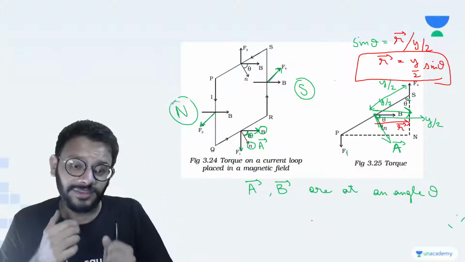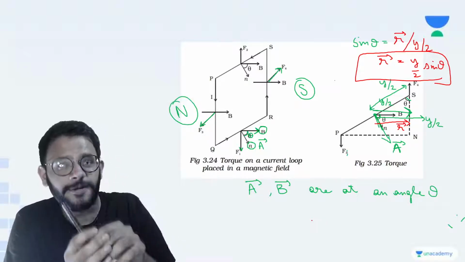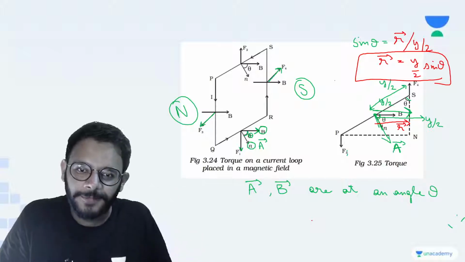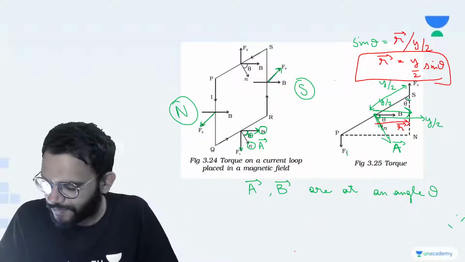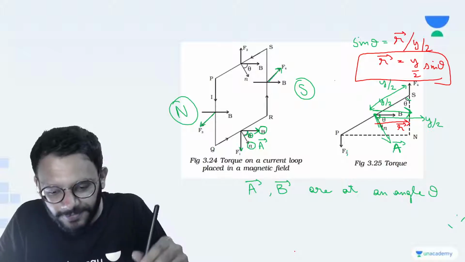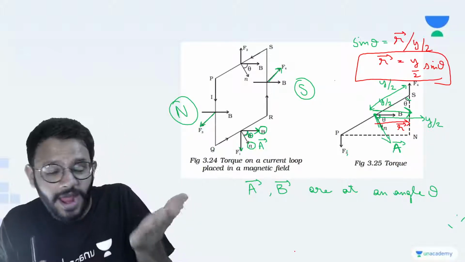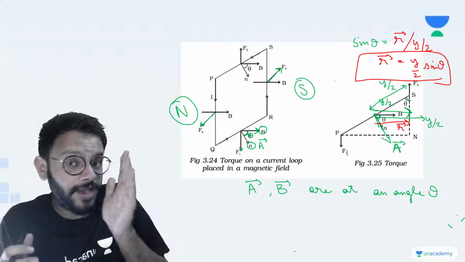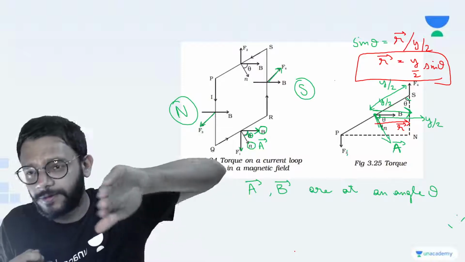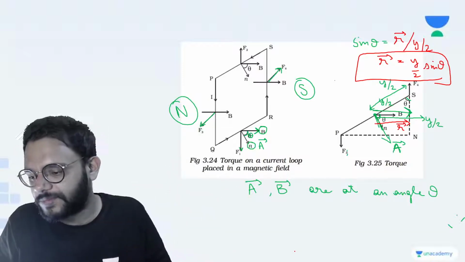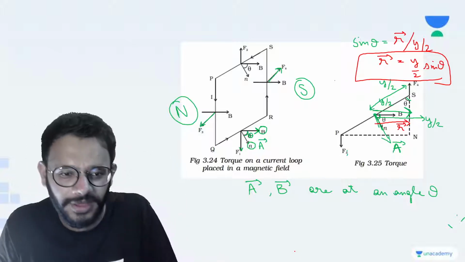Since I know that the area vector is going to make an angle theta with my magnetic field, the angle is going to keep on changing, and if that angle theta is increasing, then at 90 the torque is 0, and if the angle becomes 270, the torque is 0, because by trigonometry, and because you all also know that it is going to be in the plane.